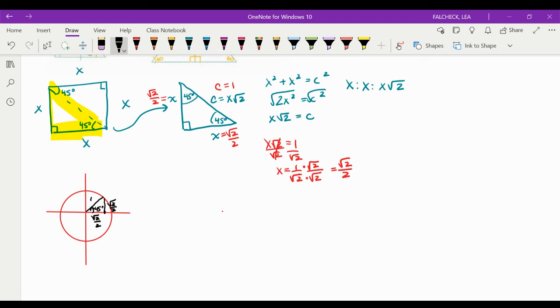I'm just using the information that we figured out above. This is great because now we know that the sine of 45 is root 2 over 2, because the sine of 45 degrees is opposite over hypotenuse.